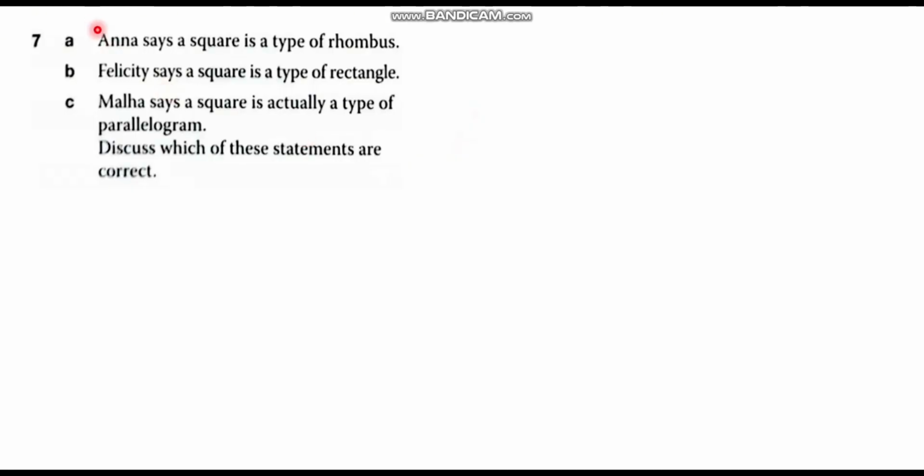In question number 7, Anna says that a square is a type of rhombus, Felicity says a square is a type of rectangle, and Malha says a square is a type of parallelogram. So we have to see which of the following, rhombus, rectangle, and parallelogram, has the property of a square. Here is the square, and in a square we know that all angles are equal to 90 degrees and opposite sides are parallel.